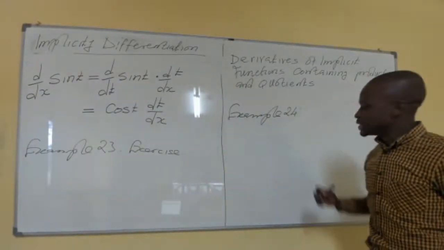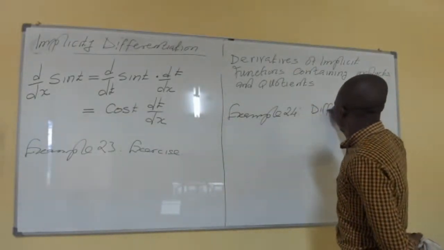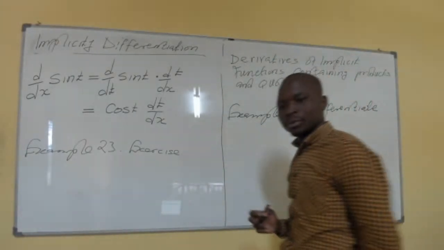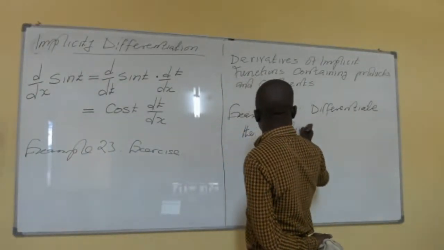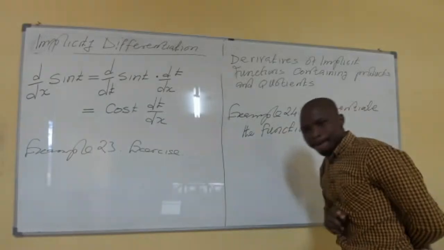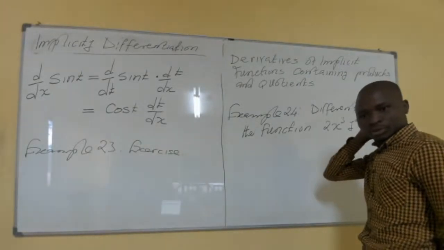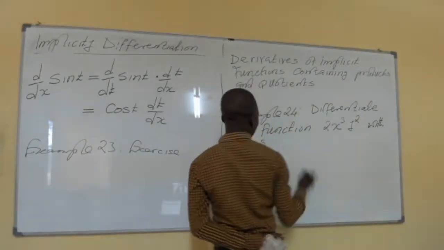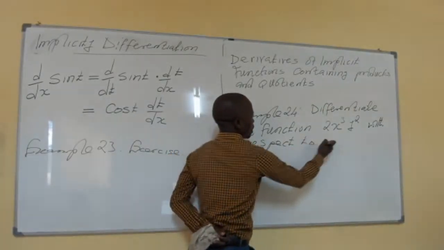This example says differentiate the function 2x power 3 multiplied by y power 2 with respect to x.